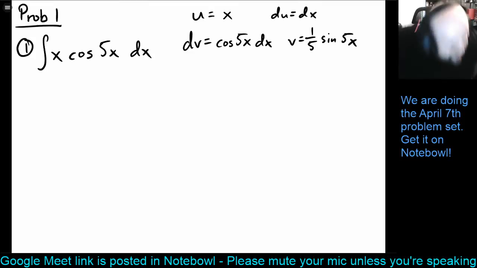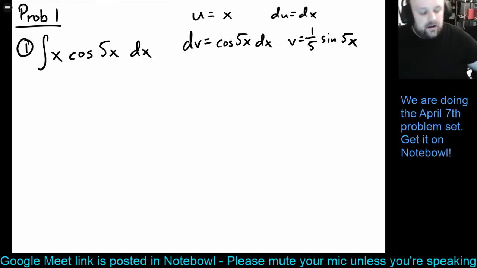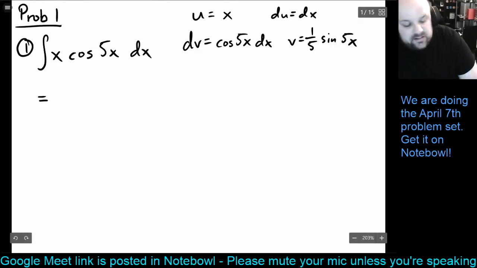All right, let's try that again. So we have our u, our v, our du and our dv. Now we can set up integration by parts. This is u times v, so 1/5 x sine of 5x, minus the integral of v times du.